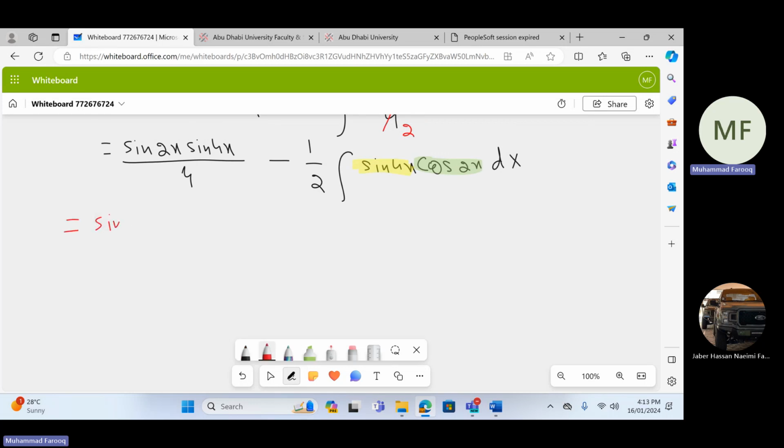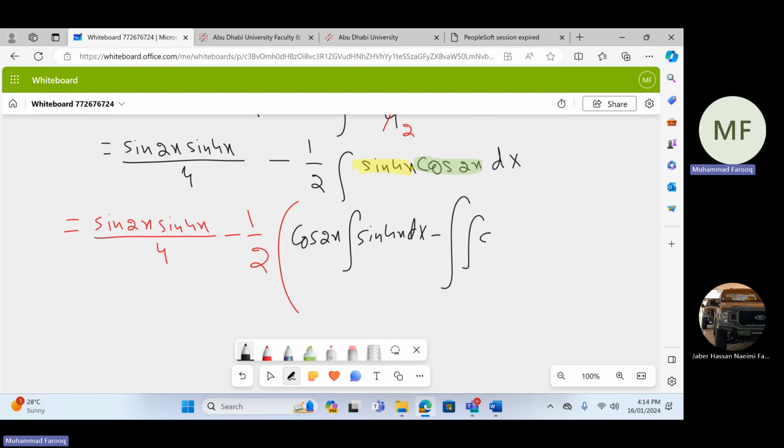So sine 2x, sine 4x, divided by 4, minus. Keep 1 by 2 outside, because 1 by 2 will multiply with all the terms of the by parts. What decides which function to take first? Cosine. First function, integration of second function, minus integration of second, and then derivative of first.